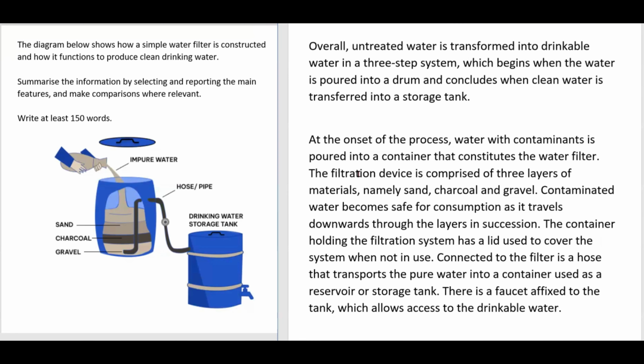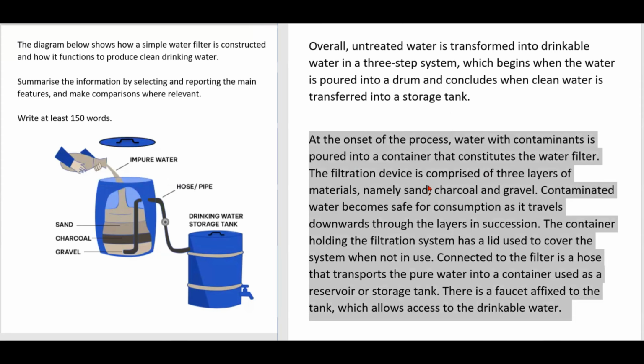water. At the onset of the process, water with contaminants is poured into a container that constitutes the water filter. The filtration device is comprised of three layers of materials, namely sand, charcoal, and gravel. Contaminated water becomes safe for consumption as it travels downwards through the layers in succession. The container holding the filtration system has a lid used to cover the system when not in use.